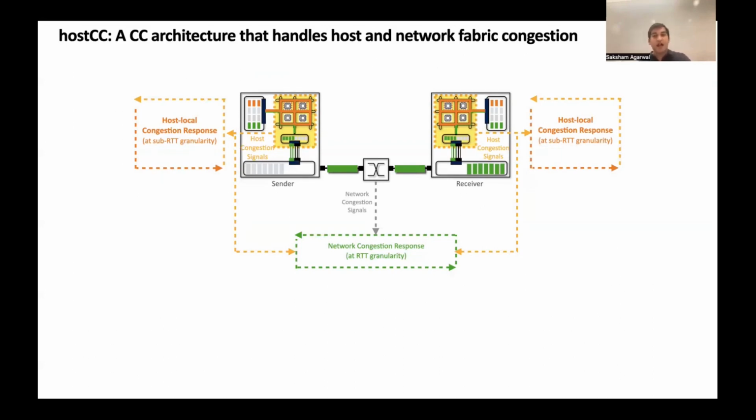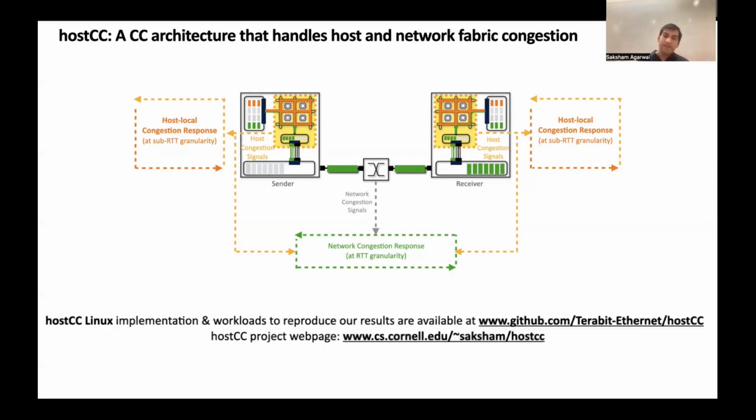It's a new CC architecture that handles both host and network fabric congestion, with the key idea of using sub-RTT granularity host local congestion response, along with an RTT level network congestion response. We have realized HostCC within the Linux network stack without any modifications in applications, host hardware, or the network hardware. And we have open sourced HostCC code and all the required workloads to reproduce our results.